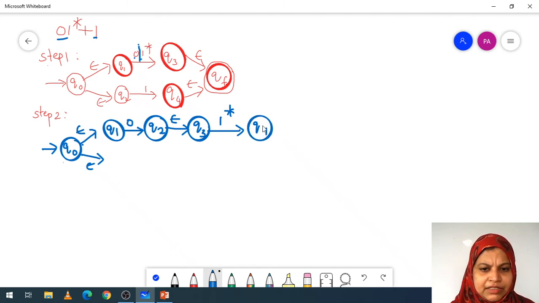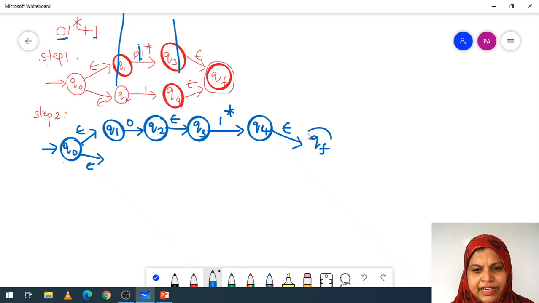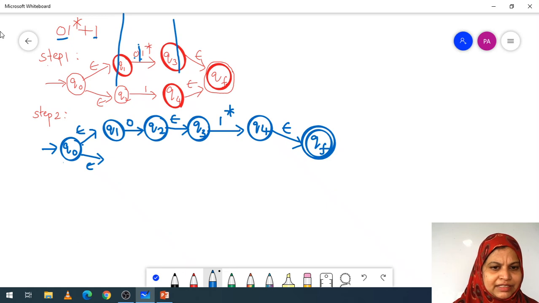Now up to here 0 1 star is completed, right? Now followed by the epsilon. So followed by the epsilon, here qf final state is there. So final state is there, right?